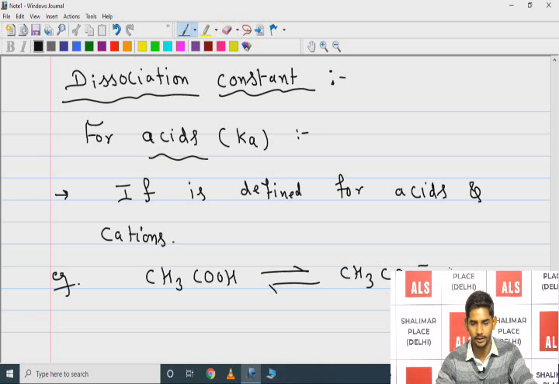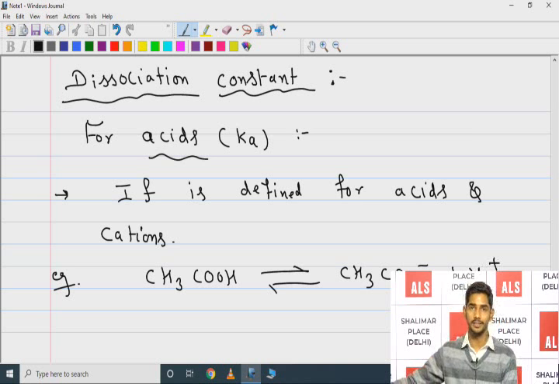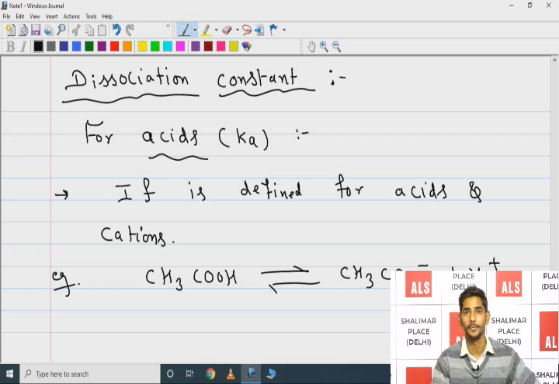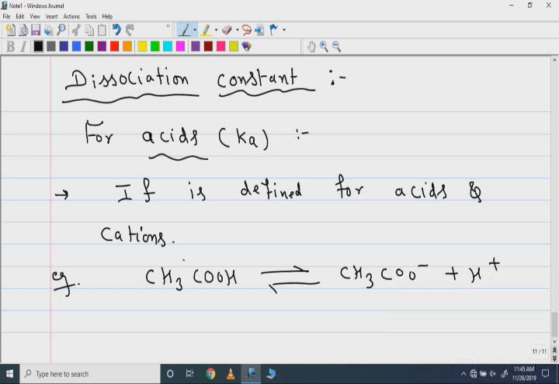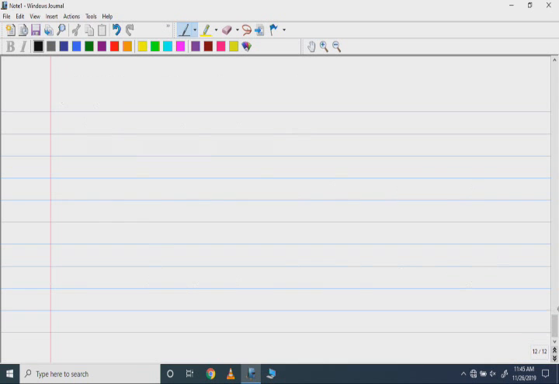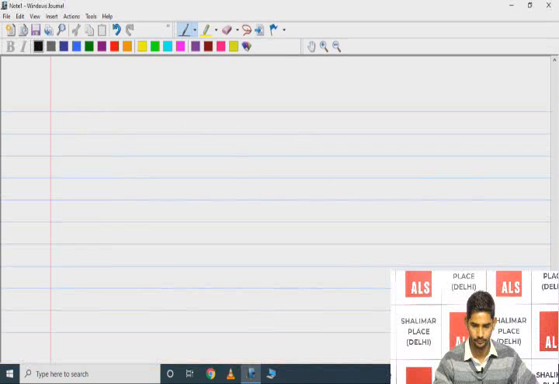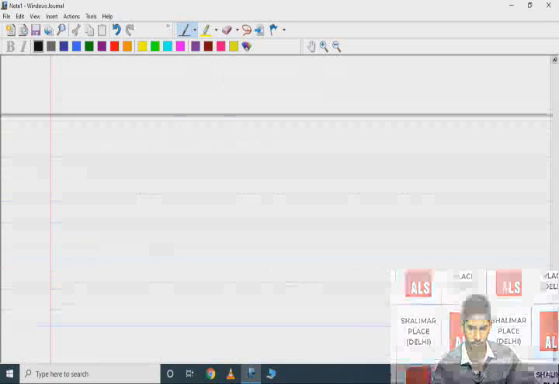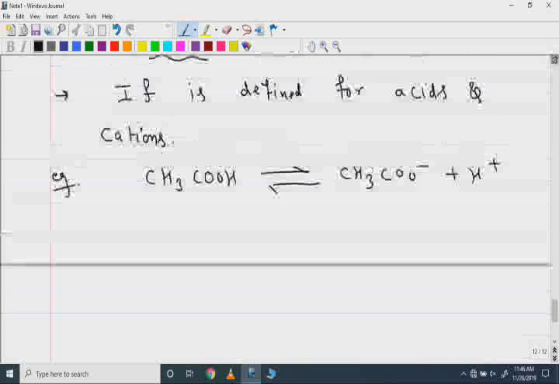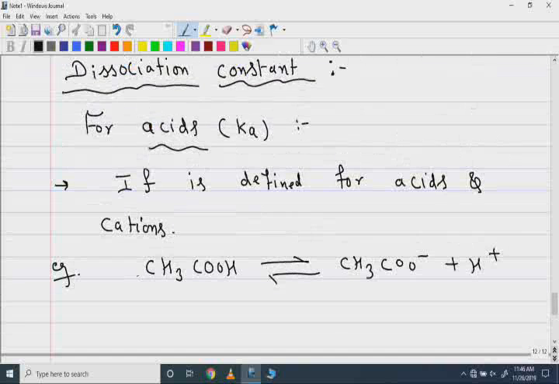Obviously, when this one converts into its ions, it can be represented like this: CH3COO minus and H plus. Okay.